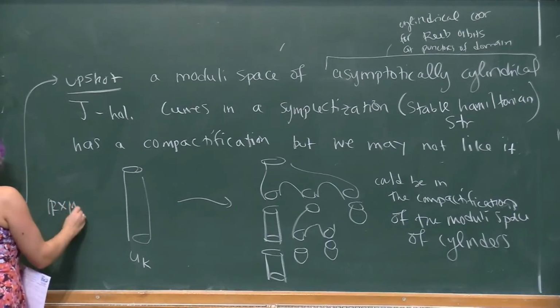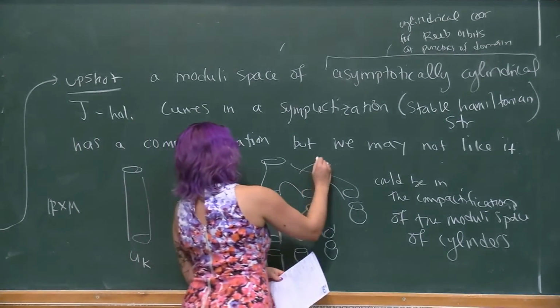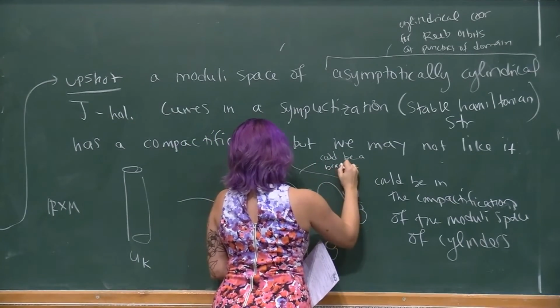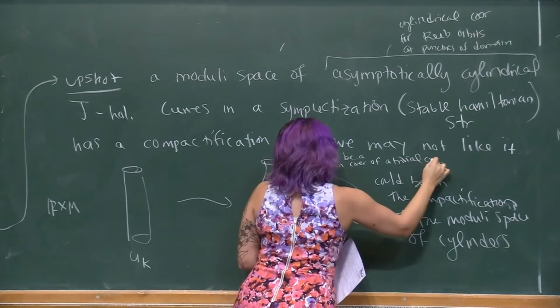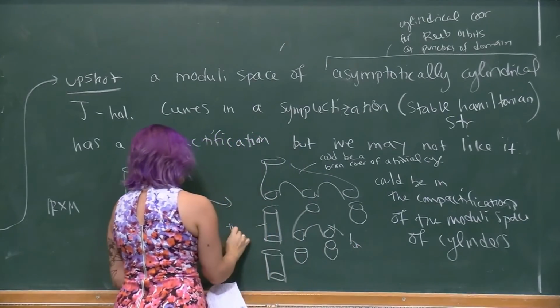And to make matters worse, you have trivial cylinders inside of symplectizations. They exist. You can't perturb them away. And so this could be a branched cover of a trivial cylinder, or this could be a trivial cylinder.